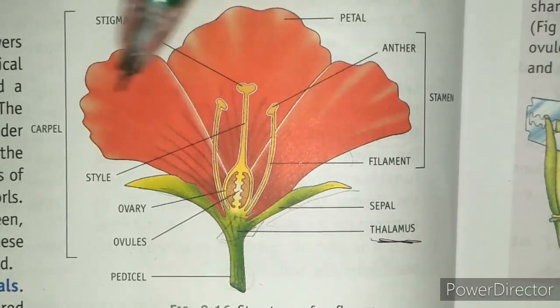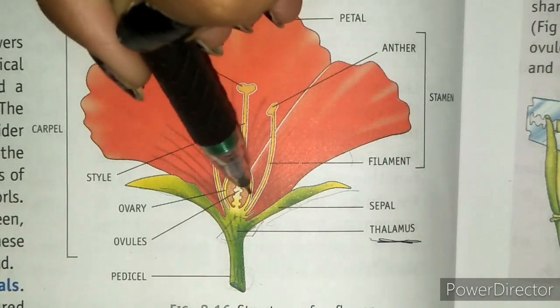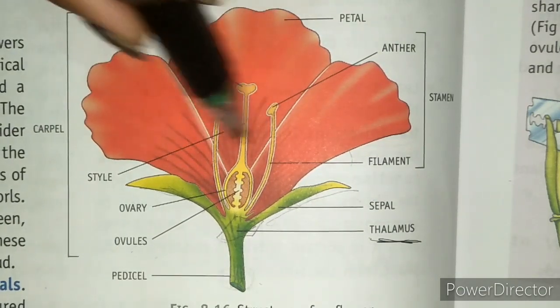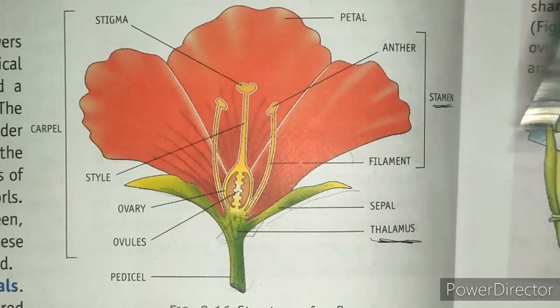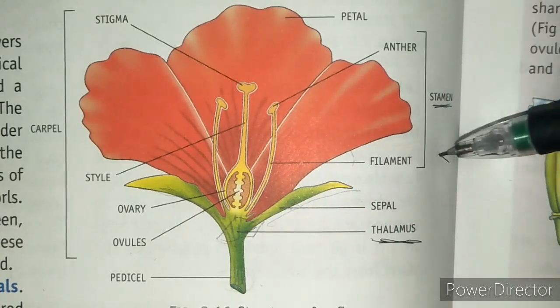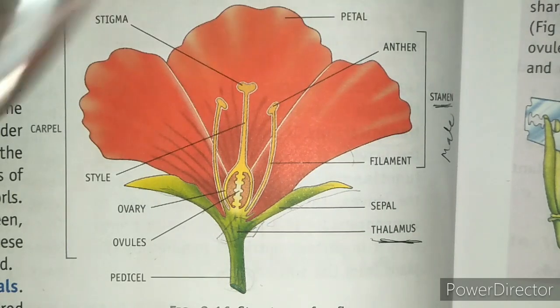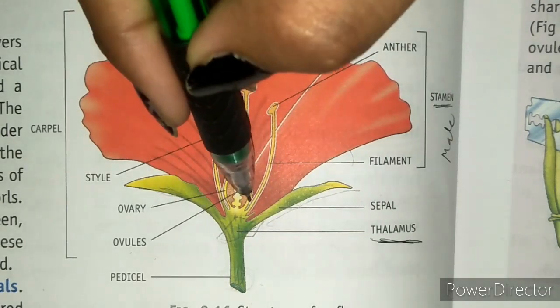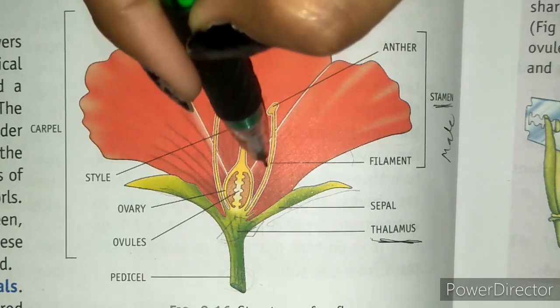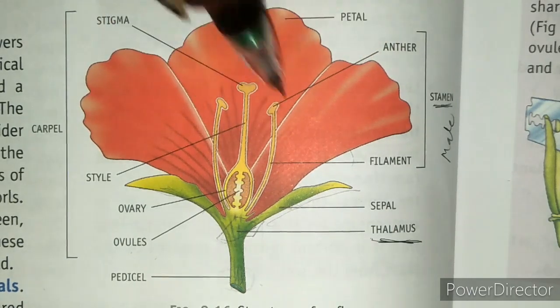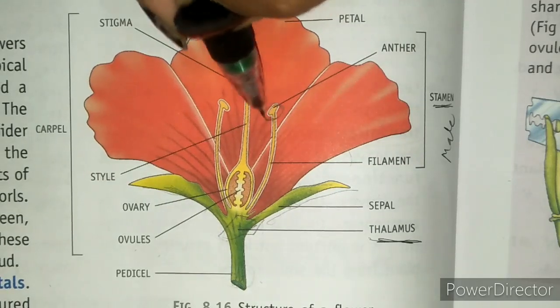Afterwards look at this part, this one. Both these are called stamen. That means a male part. So this is the male part, and look at this carefully. This tube-like structure is known as filament. Clear? And look at this bilobed structure.